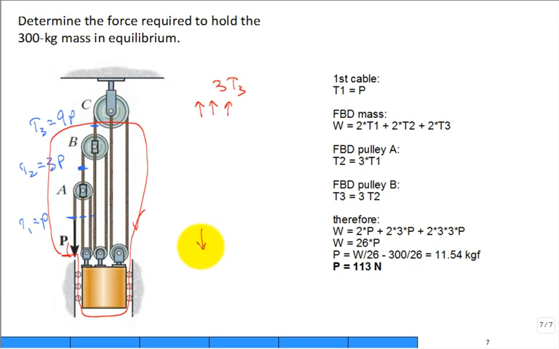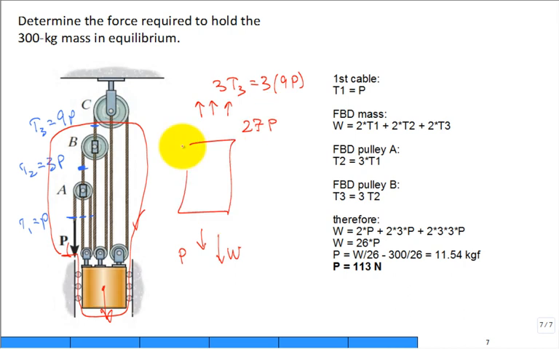I'll have a P down, and then the weight, W, down. Okay? And the 3 T3s is 3 times 9P, so that's 27P up. It gets a little complicated, but that's my free body diagram.